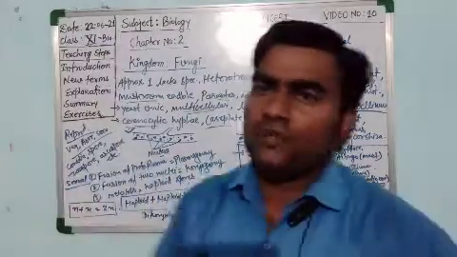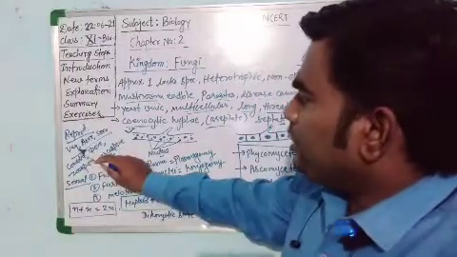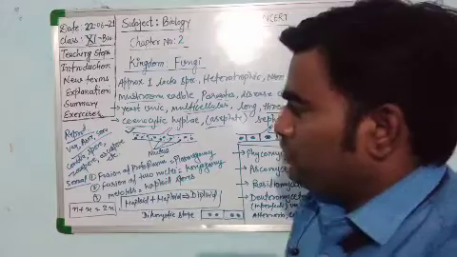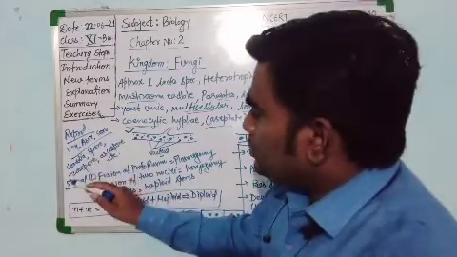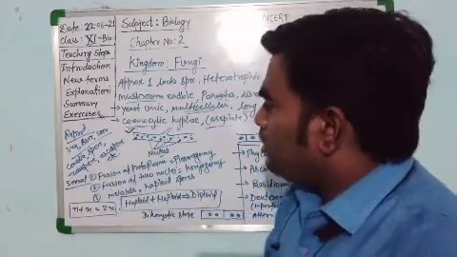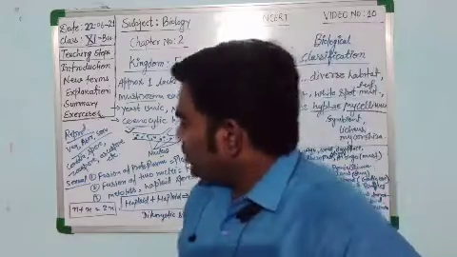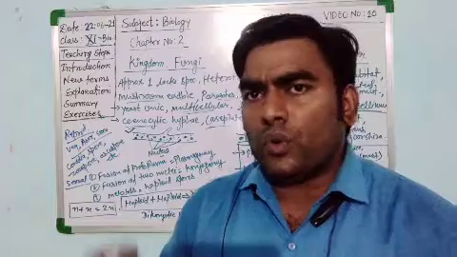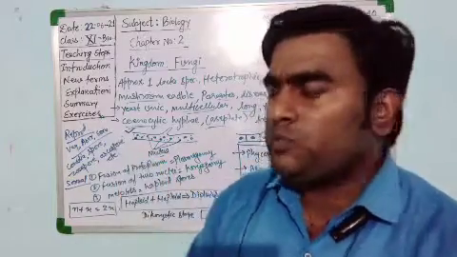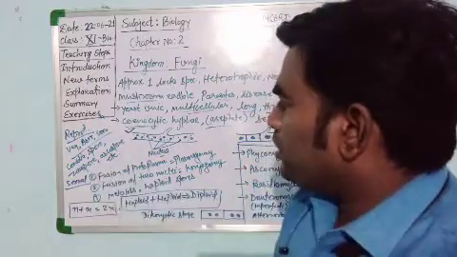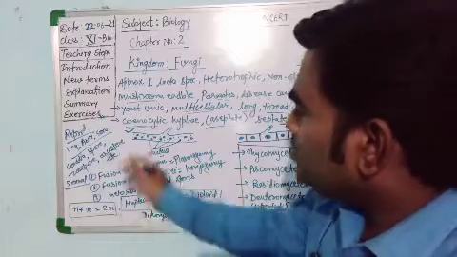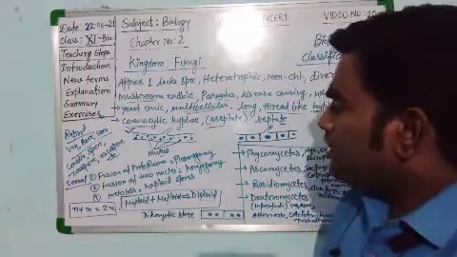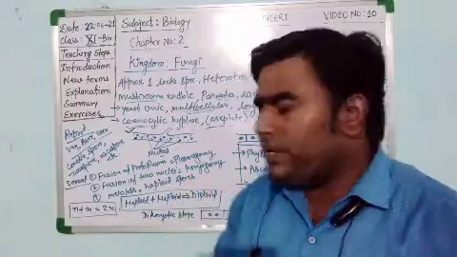Reproduction in fungi is by vegetative, asexual and sexual modes. In asexual reproduction, they form conidia, zoospores, and other spores. So many types of spores are formed in asexual reproduction. In sexual reproduction, three important events occur.